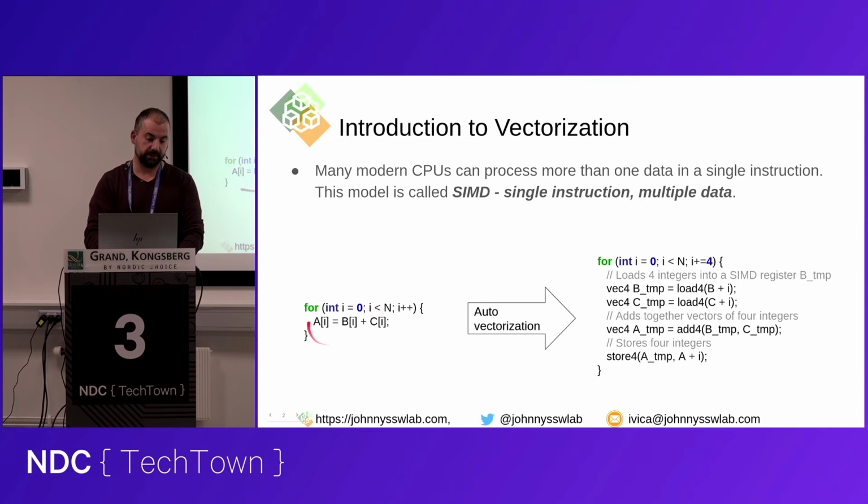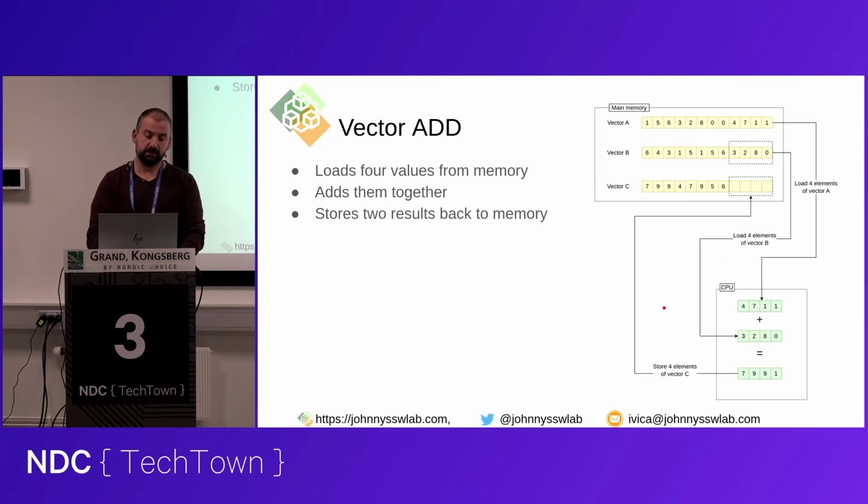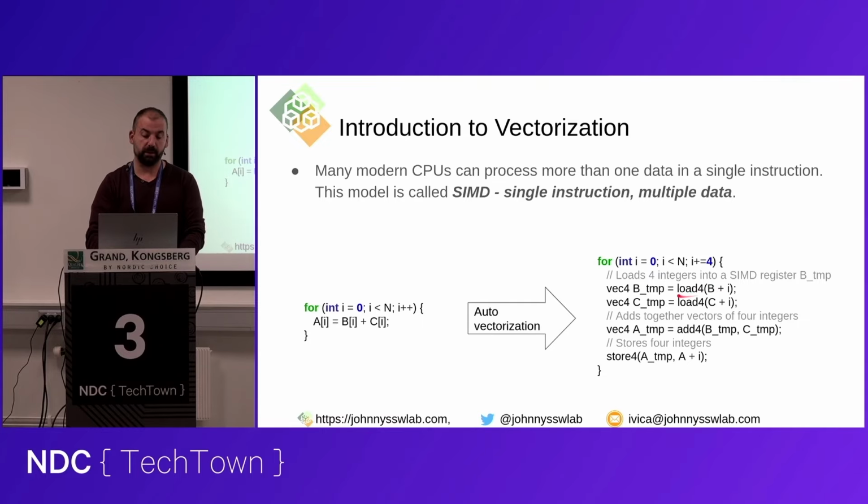On the left side here you see a loop that you might write in your code, and the compiler will try to vectorize it to make it faster, to use these vectorization instructions because they're faster. And you see on the right some pseudo assembly that you might get from the compiler. From address b plus I, we are loading 4 values and putting them into b temp.